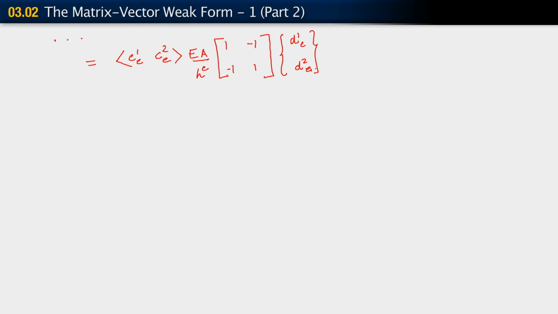And recall that this integral emerged from us considering this term, this particular integral in the finite dimensional weak form. Okay? Reduces to this nice, simple matrix vector form. And now you can see why we refer to this as the matrix vector weak form.